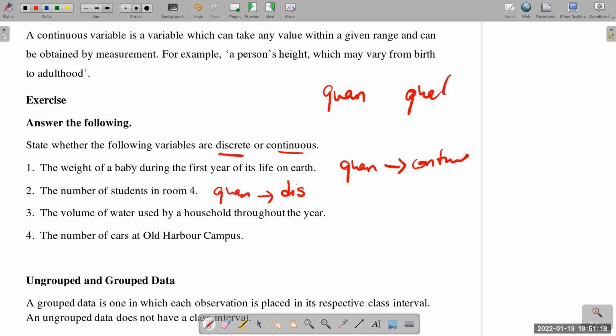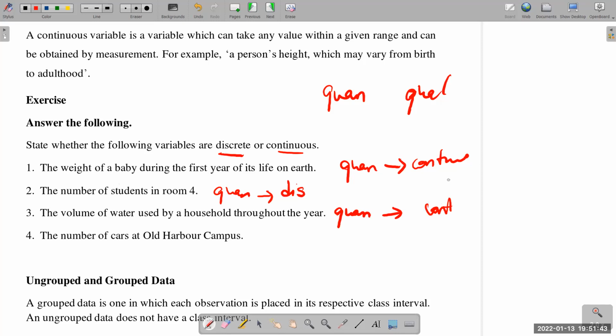Okay, excellent. The volume of water used by a household throughout the year. Obviously it's quantitative, but what is it? Is it discrete or is it continuous? Continuous.